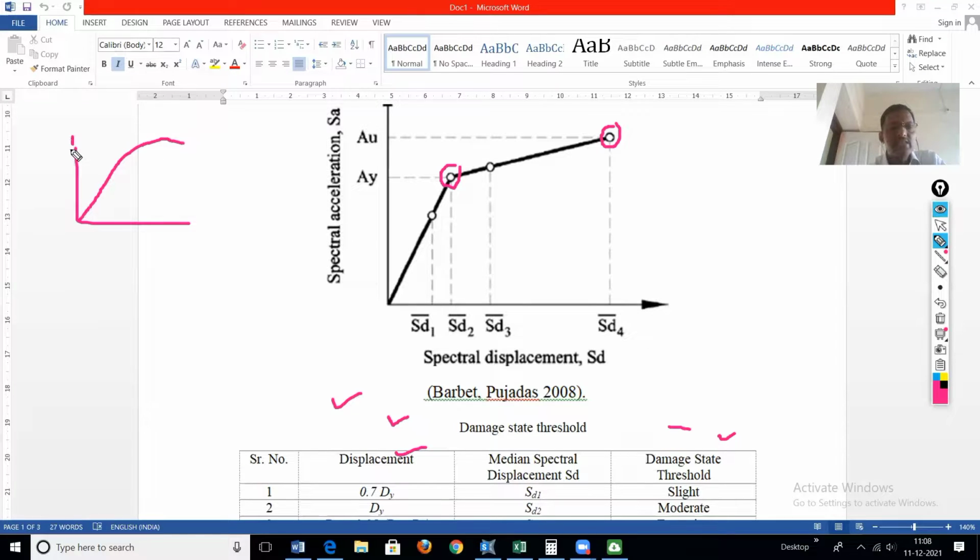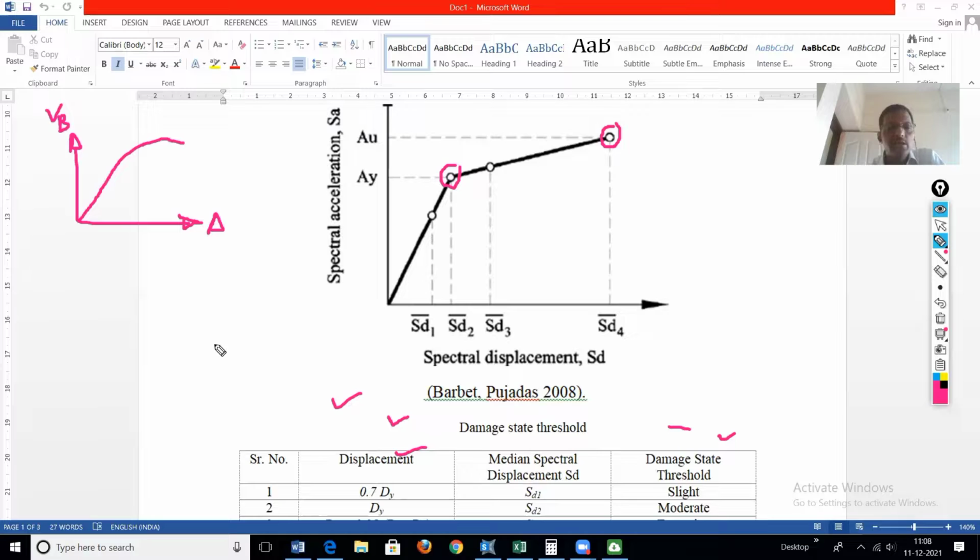What are the axes of the pushover curve? The y-axis is the base shear VB, while the x-axis is the roof displacement, delta. This is a curved nature.